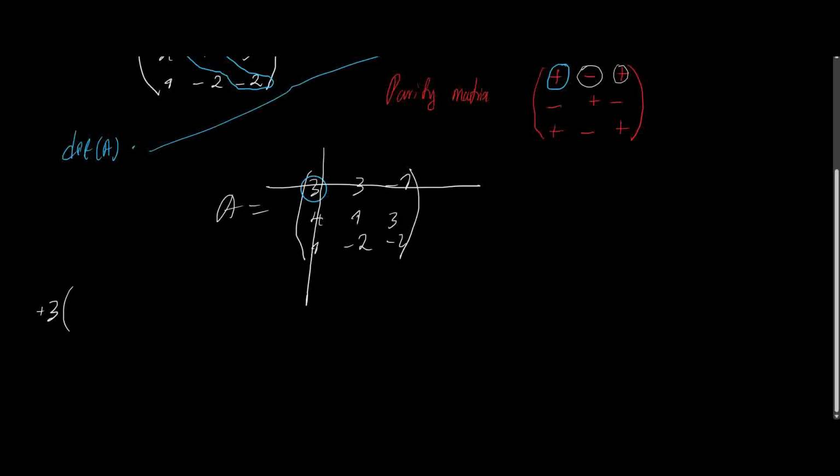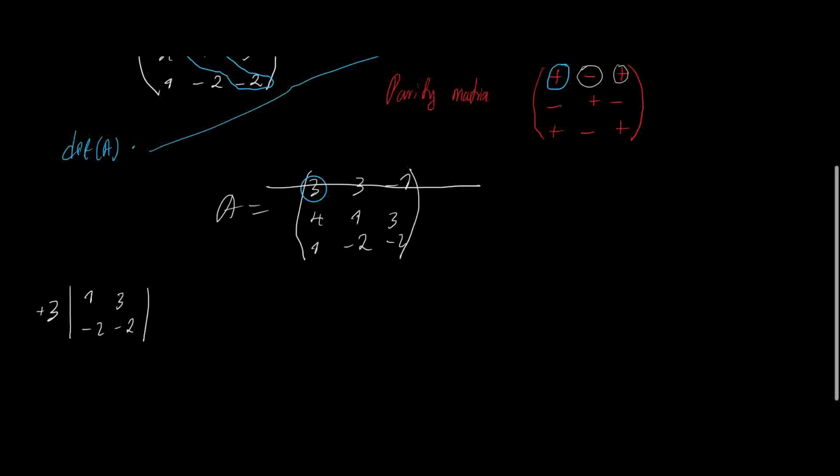This cross simply isolates the elements that we are not going to consider. So this will be like a subdeterminant of a 3 by 3 matrix. So it's like we're breaking down the 3 by 3 into a 2 by 2, and from there we can get the determinant. So the submatrix of the element 3 is 1, 3, negative 2, negative 2.